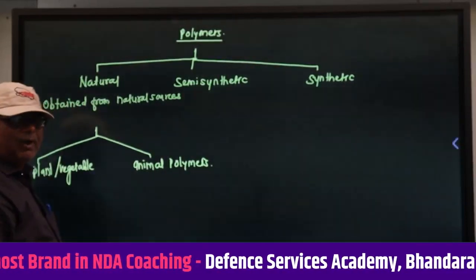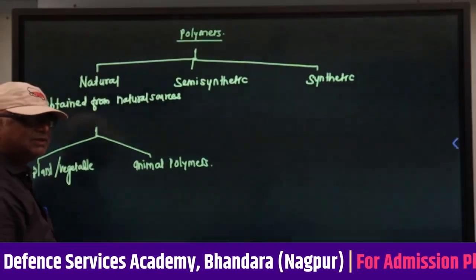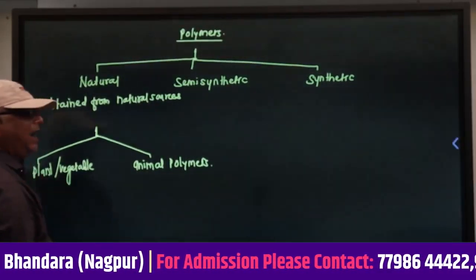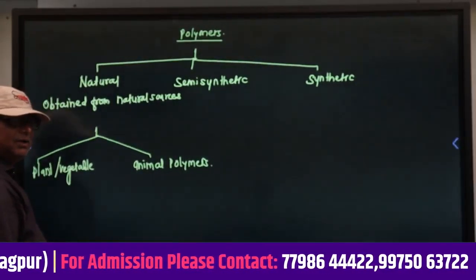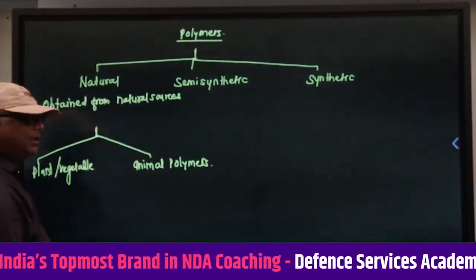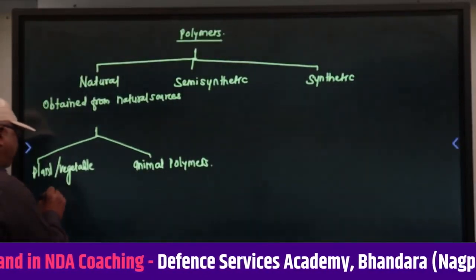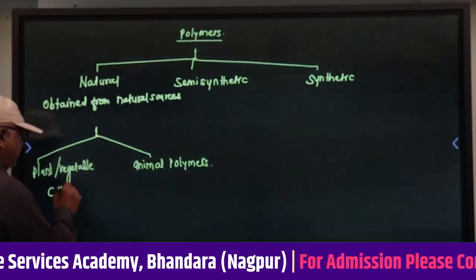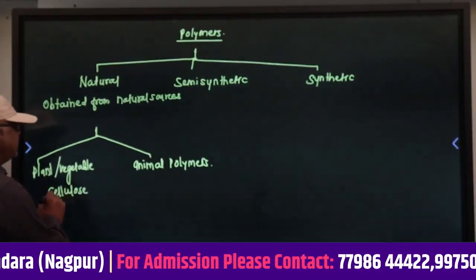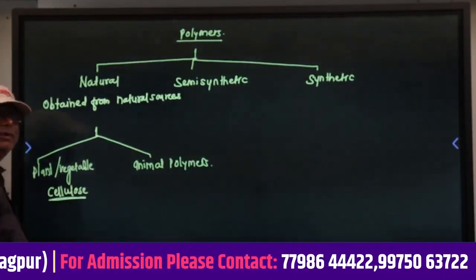Polymers obtained from plant sources, vegetable sources, are known as plant polymers. These mainly consist of cellulose, one of the carbohydrates, one of the sugars, in their structure, hence also known as cellulose polymers.